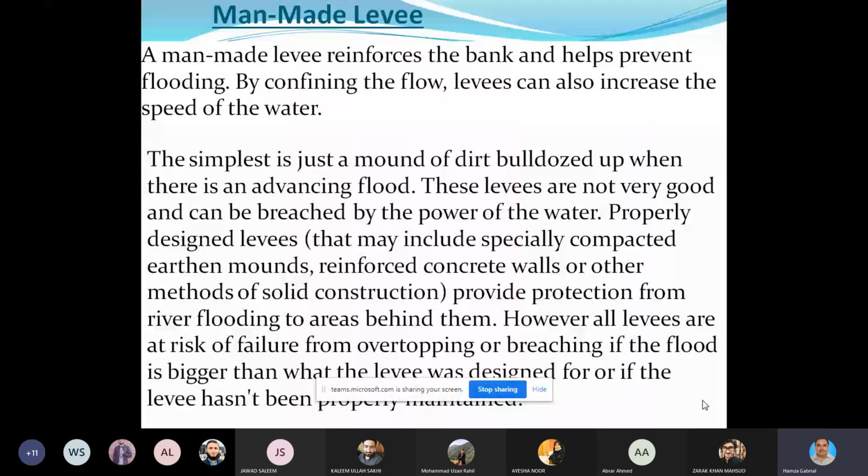And if it is not properly compacted or maintained, then breaching can occur, and the flood water can escape from these levees and inundate the surrounding area, and it will not perform the function for which it was meant to be. So they have to be very properly designed, keeping in view the past floods, the past flood levels. Their height should accordingly be designed.